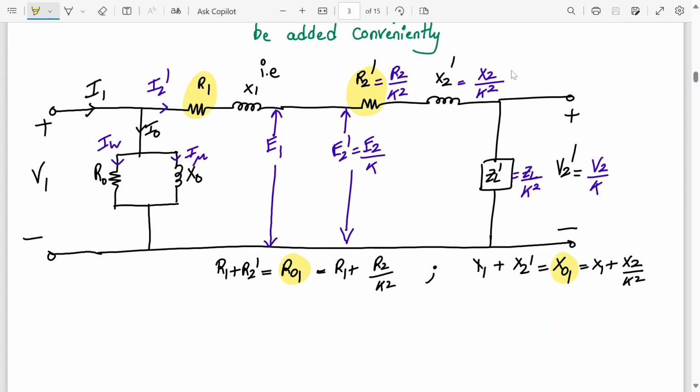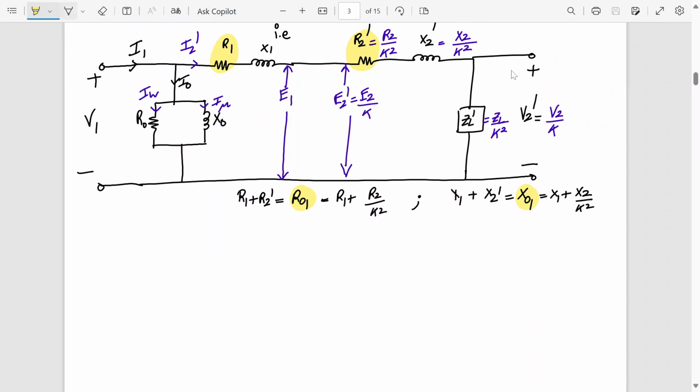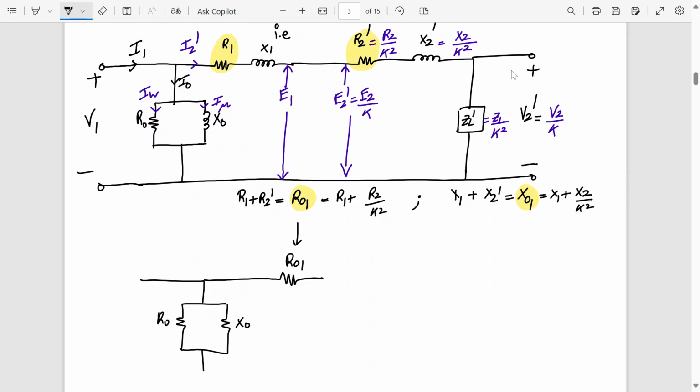So let's draw the modified diagram due to this. What does the diagram become now? It becomes quite simple. There are two components over here, RO, XO, and here we'll have only one resistor, RO1 now, and here we'll have one inductor, XO1.